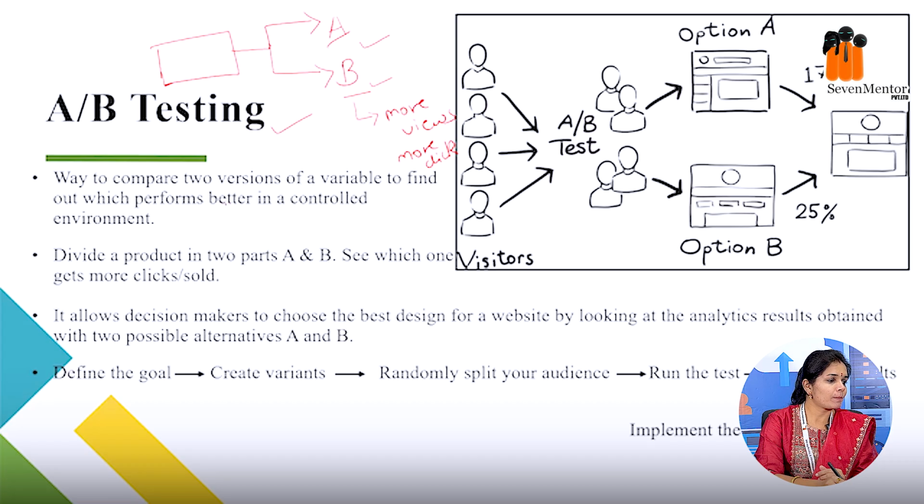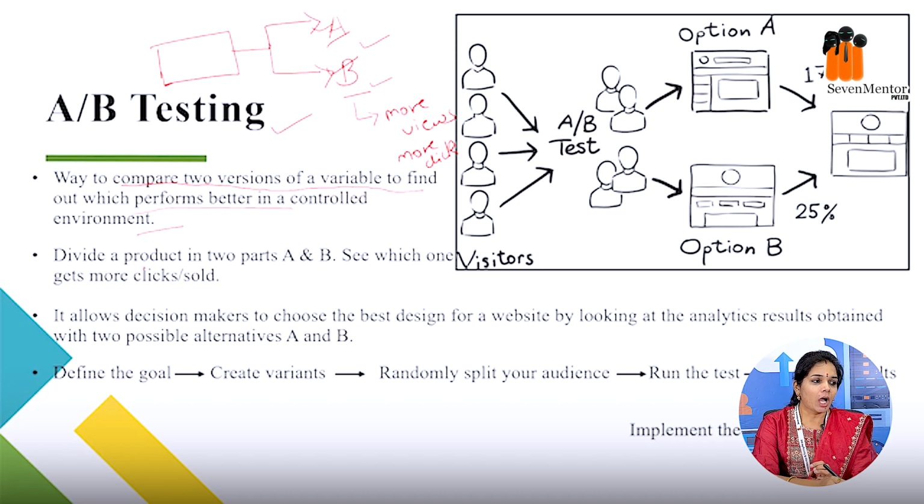Okay, so let's have the definition here. A way to compare two versions of a variable to find which performs better in a controlled environment. See, the environment is the actual environment, the real world, and we are talking about which of these two versions, A or B, is the better one for the product launch.